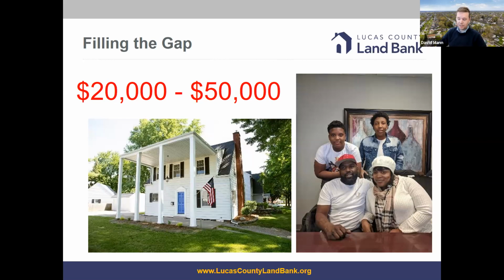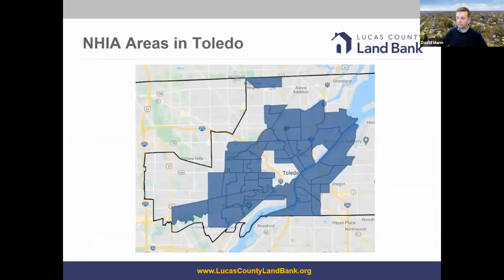The challenge, and I think Carey explained it well, because Toledo, no different than Hartford in this respect, is that there is a gap, in our case, somewhere between $20,000 to $50,000 between the cost of renovating a property to make it a home and what it might actually be worth when we go to sell it. NIA, I think, will help us to address some of those challenges.